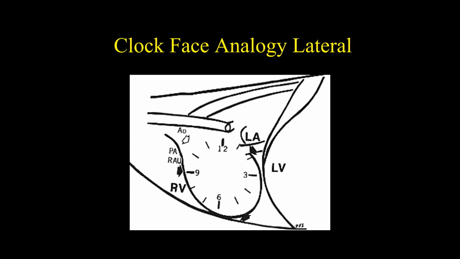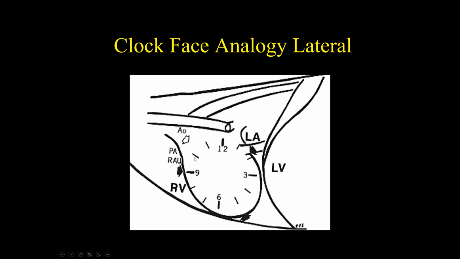Down lower ventrally is most of the right ventricle, and up here is mostly the right atrium. But we can simplify it for radiographic purposes that the right heart will suffice instead of saying separately right atrial region and right ventricular region.